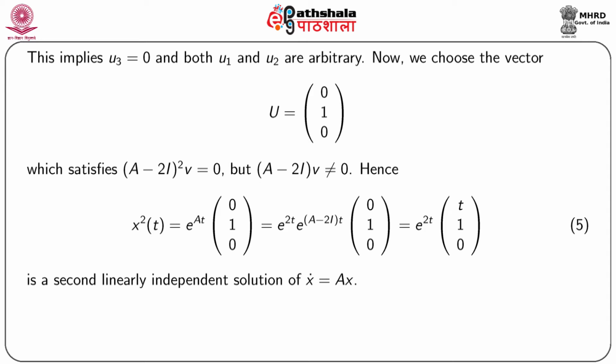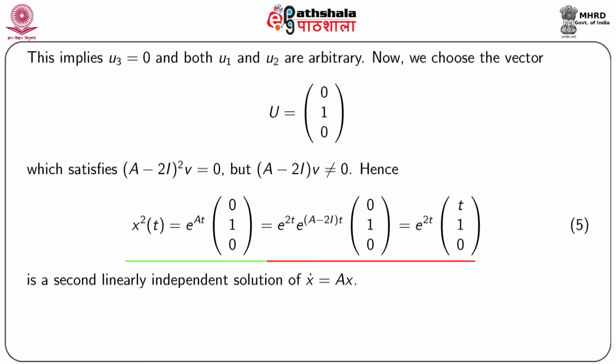If you get such a vector, we will have our second linearly independent solution x2(t), where 2 denotes the second solution, equal to e to the power At into 0, 1, 0.